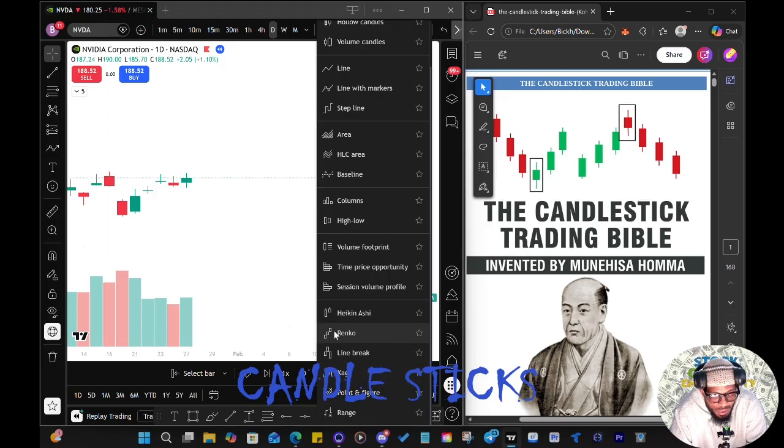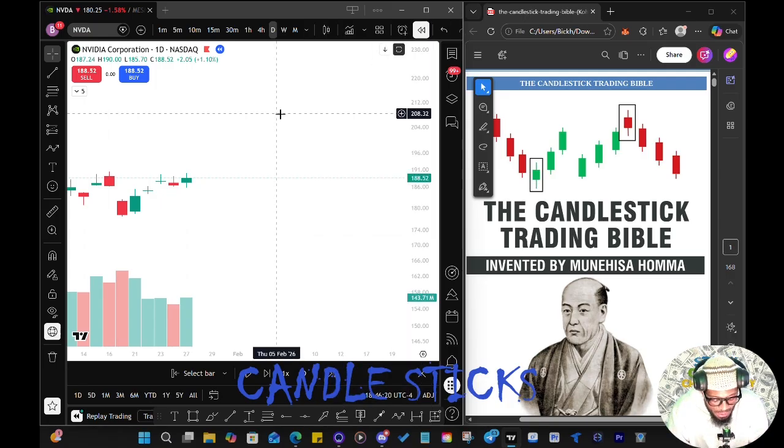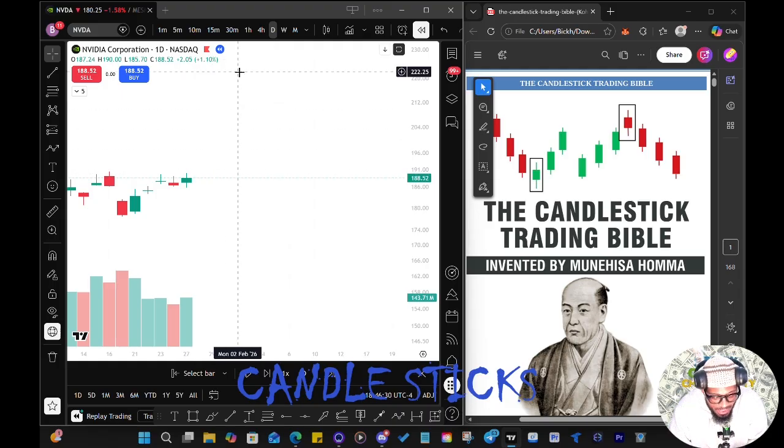movement of the stock. I use and I like the candlesticks because it allows me to see the buyers and the sellers inside of that price, representing that time frame of that candle.